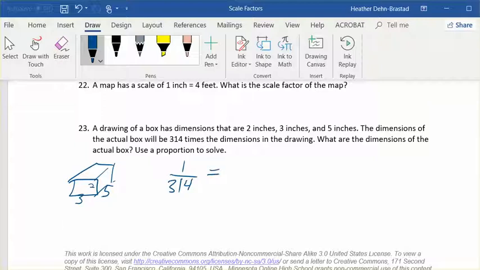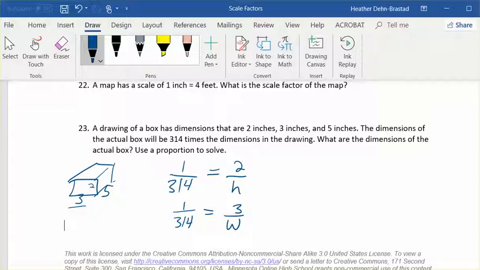And our drawing is 2 for the first dimension. And let's call that the height. So we're looking for the height using this proportion. And then we'll be looking for, we'll call this the width. So we'll be looking for the width using this proportion.